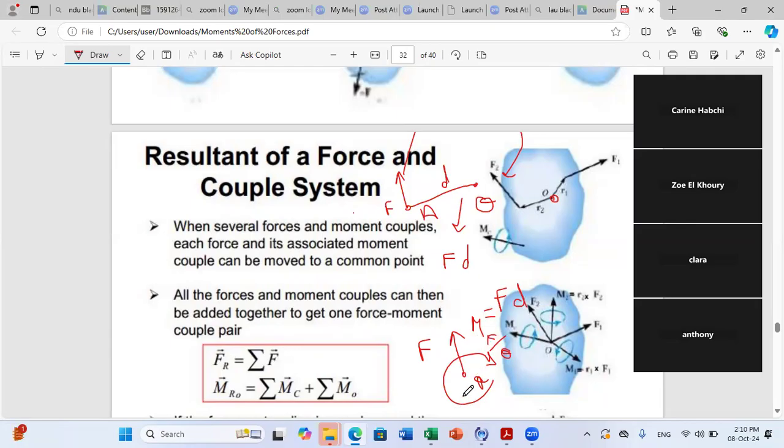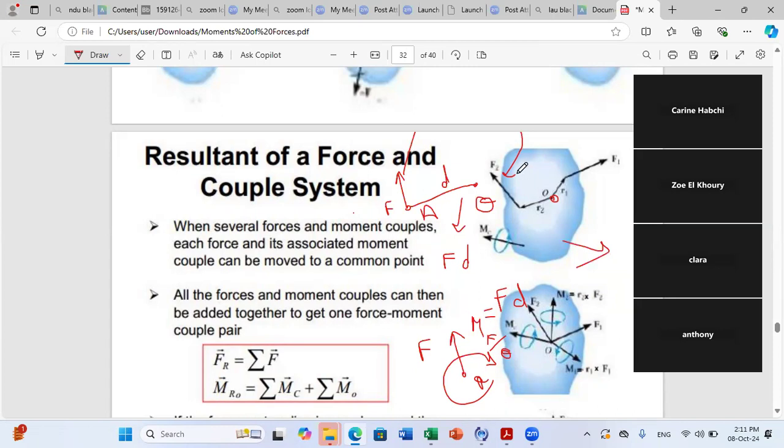Yes. Now, what if you have 3D? If you don't have a 2D case, if you have a 3D case, for each force that you displace to a certain point, you should add its moment about the point. For example, in this figure, if you have F1, F2, and F3, and you want to displace all of these forces to O, you should first find the moment of F1 about O. It's R1 cross F1.